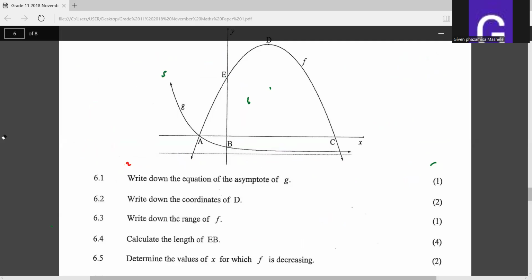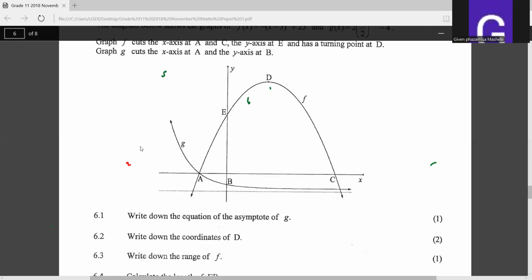Where is f decreasing? When we look at our function here, the turning point D is (3, 25), which means the value of x here is x equals 3.